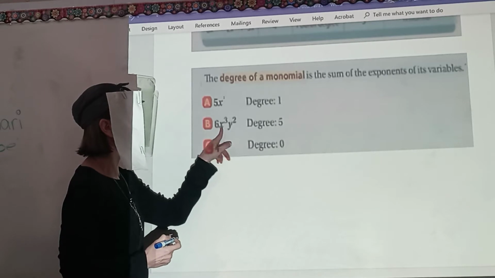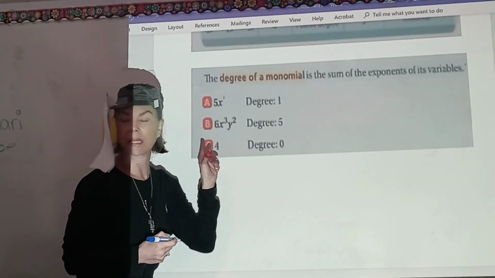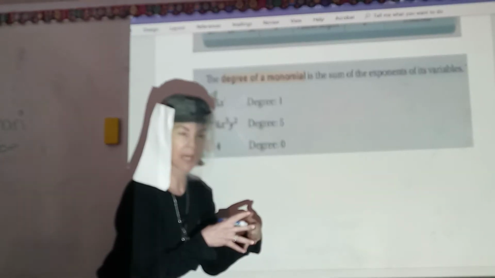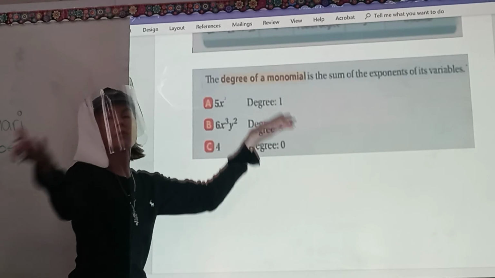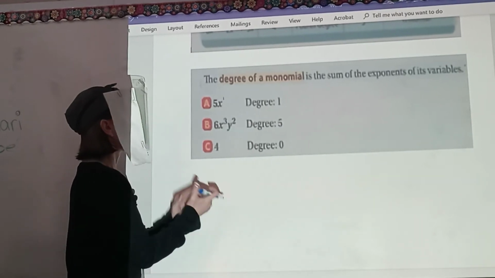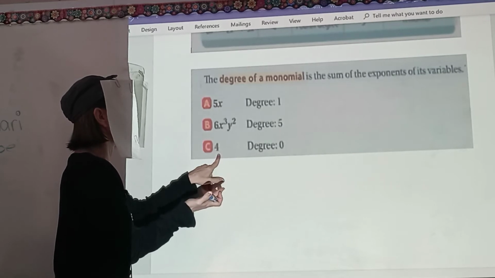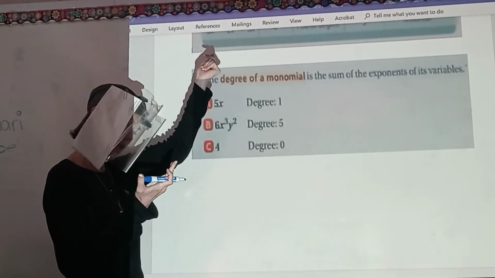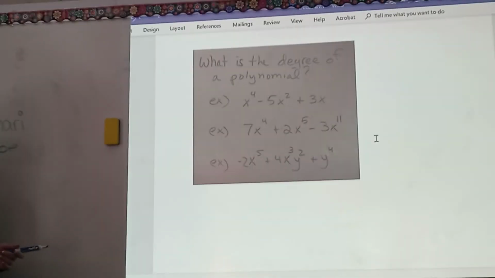Look here, you have x to the 3rd y squared. The sum, meaning adding: 3 plus 2 is 5. The degree is 5. And then we have 4. There's no variable there, so the degree is 0.